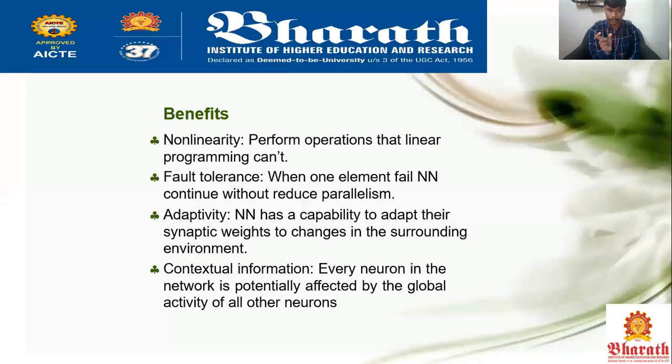So every neuron in the network acts as a vital part. If any one neuron is affected, all other neurons have the chance to be affected. So it is known as contextual information, where if one point gets an error, all other points also have the ability to get an error. This can act as a disadvantage for the neural network, but it is also a benefit, because you can detect which neuron produced the error.